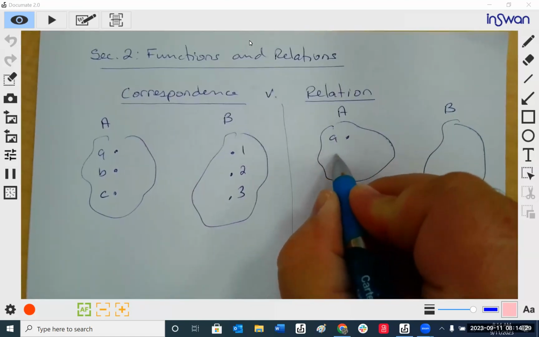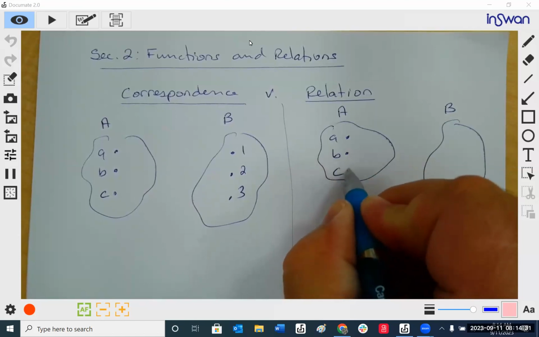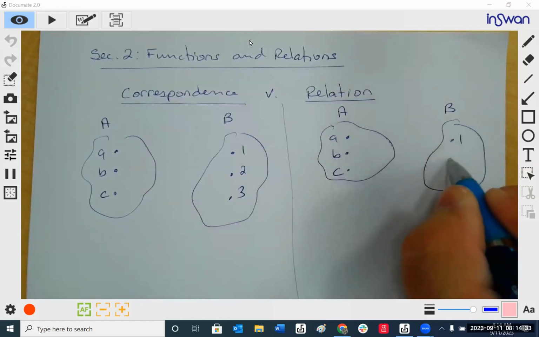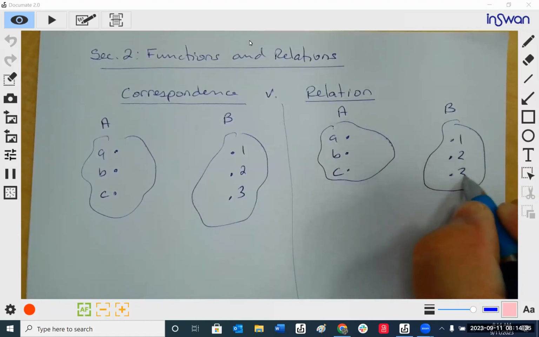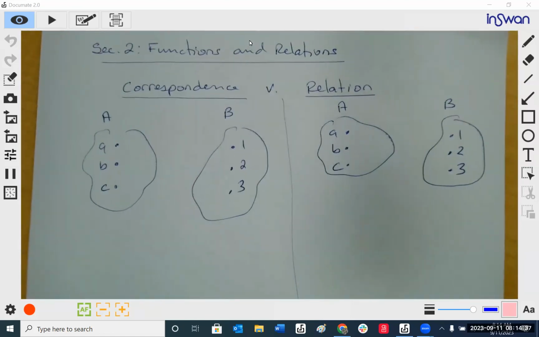Let's do the same thing here. Have you ever heard the word correspondence before? What do you think it means?